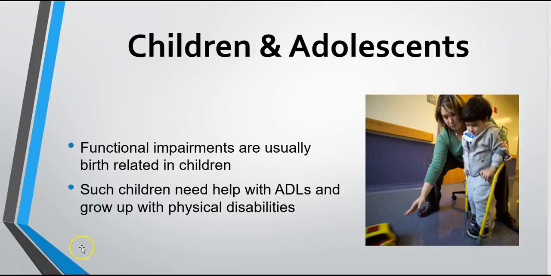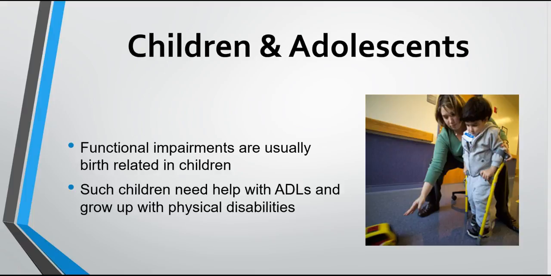Now regarding children and adolescents. Some children and adolescents need long-term care if they have a birth-related functional impairment. This could include brain damage, which can occur before or during childbirth. Examples of birth-related disorders include cerebral palsy, autism, spina bifida, and epilepsy.